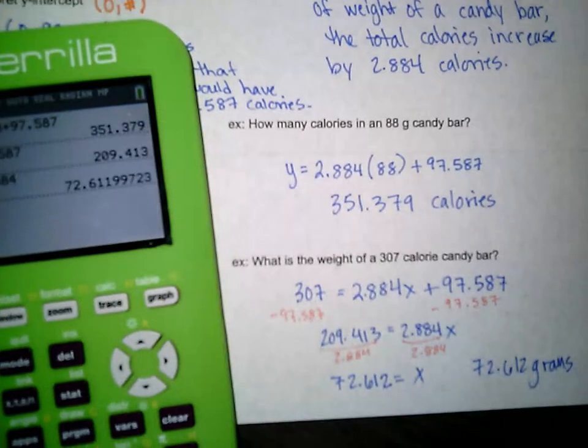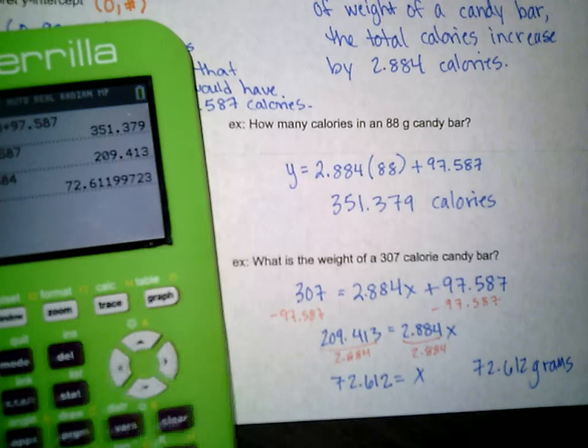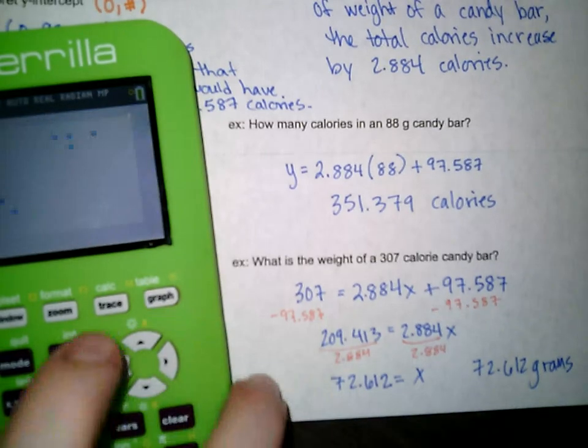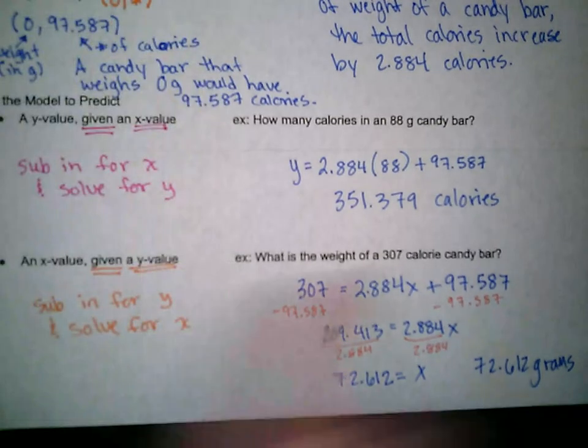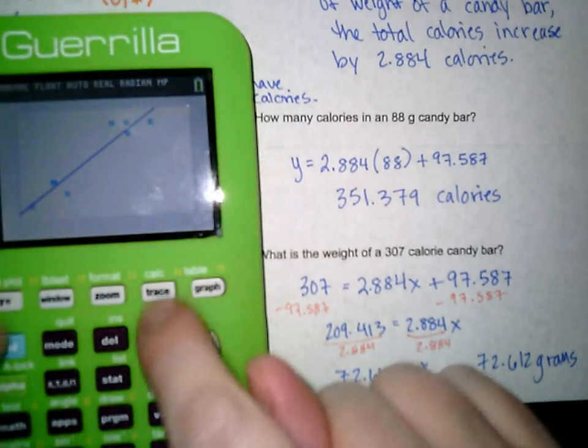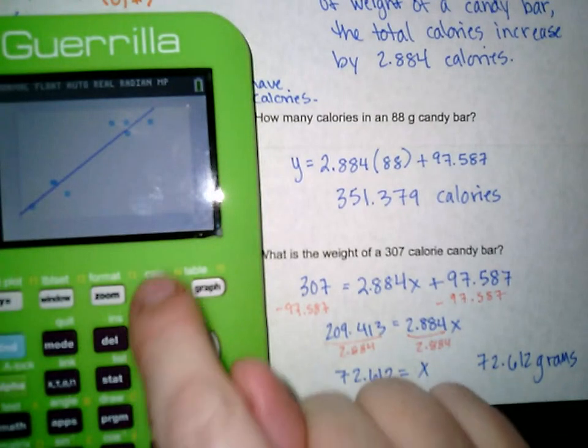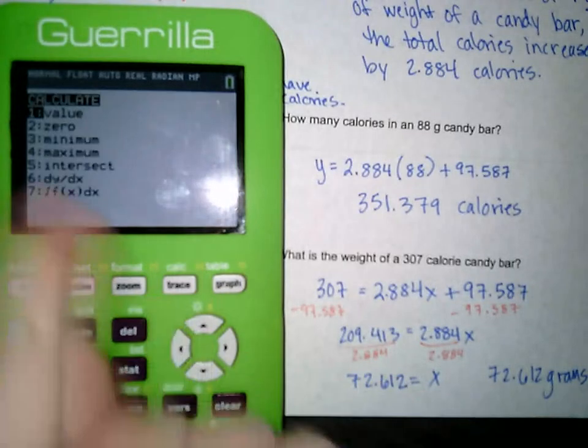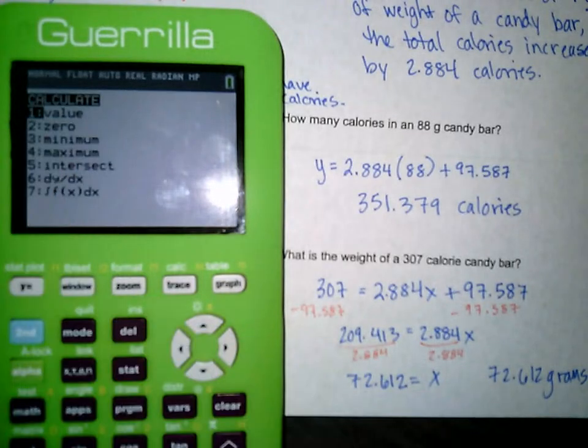Now you can also do both of those in your calculator using the model. If I go to my graph, if I'm given an x value, I can do second calc, and then number one, value.